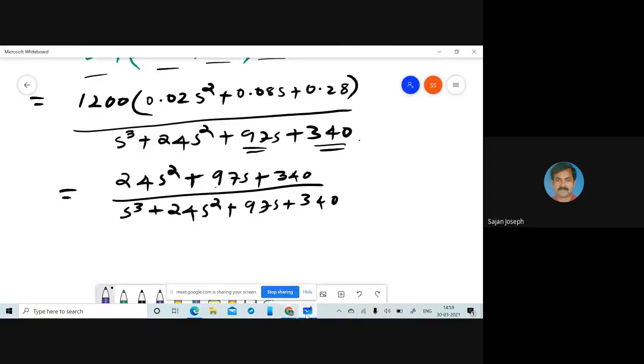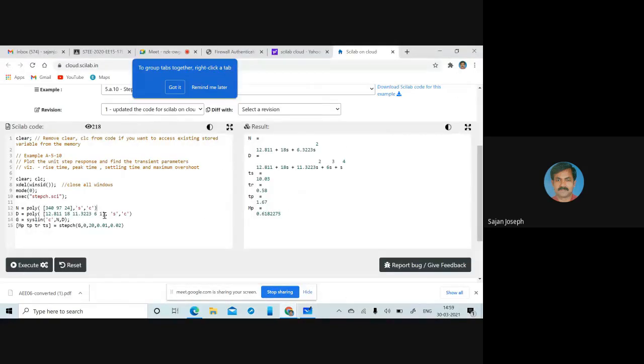And then the denominator is 1, 24, 97, 340.